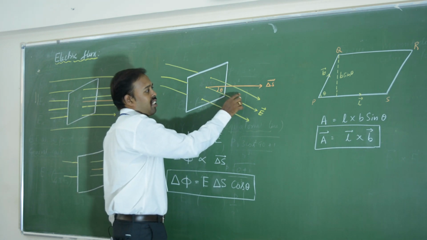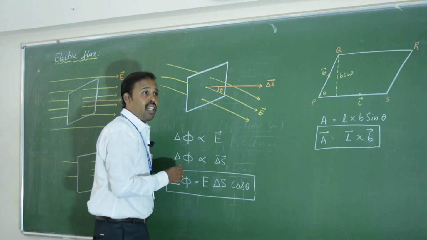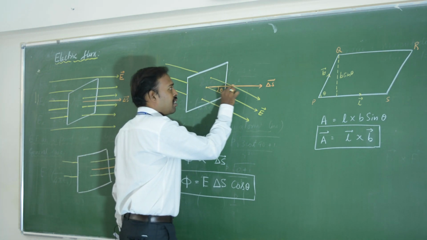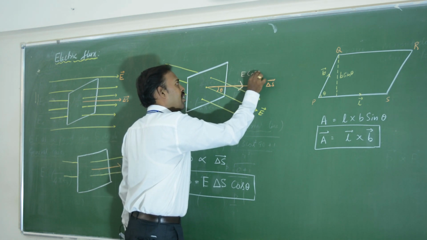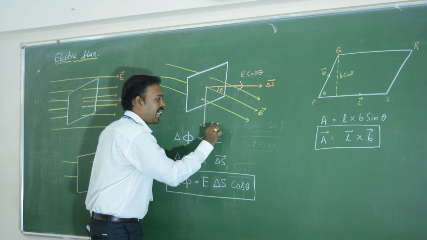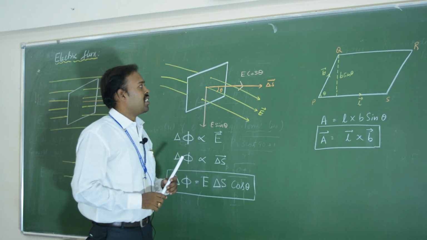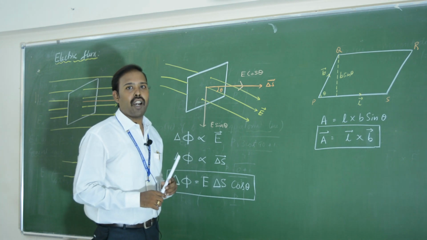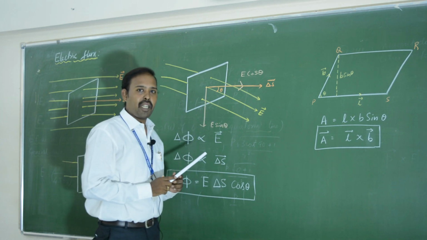So this electric field will split into components. One will be along the area vector, E cos theta, and the other component will be E sin theta. Now tell me, which component do we have to consider? I cannot take E sin theta, because it is like this.